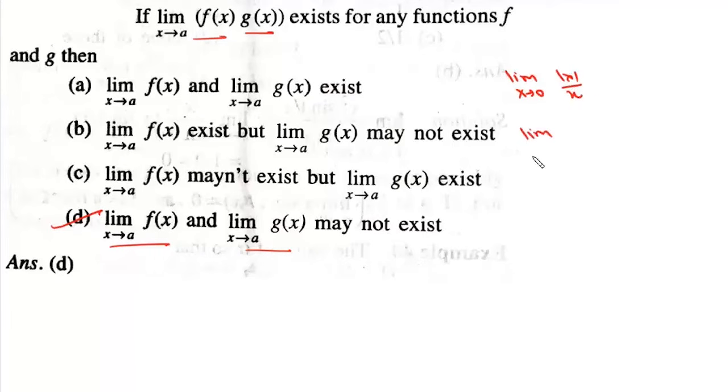And suppose the other limit is the limit as x tends to 0 of x upon mod x, which again does not exist, again being -1 and +1. But if we multiply them, it becomes a constant function for which this limit is going to exist. So if the limit of f(x) into g(x) exists, both of them may not even exist, and that's your option D.